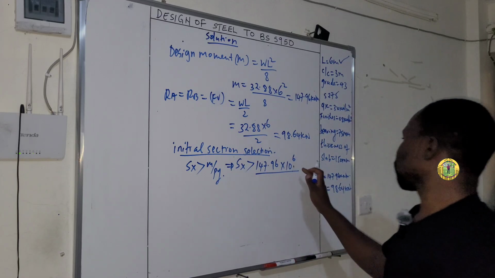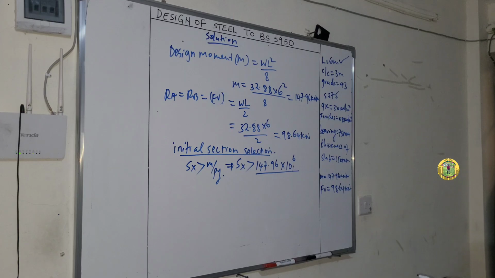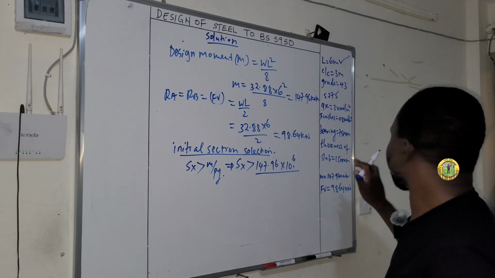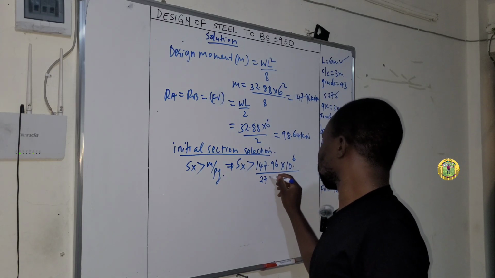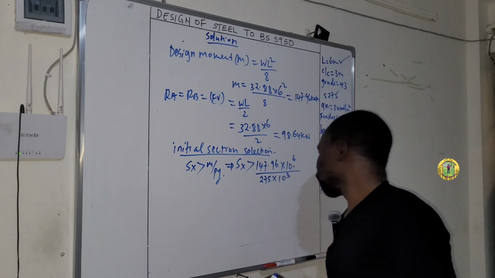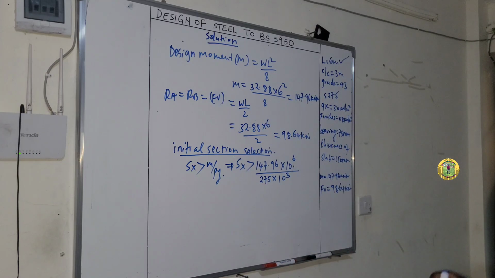So 10 raised to power 6, we are changing from kilonewton meter to Newton millimeter, and then divided by 275 times 10 raised to power 3, because we want our answer in centimeter cubic.